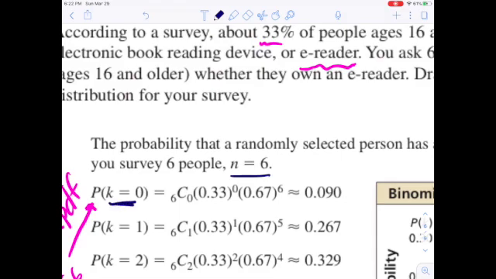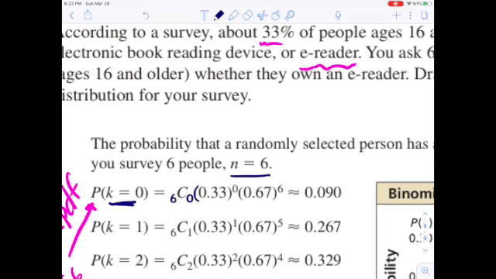the probability of people having no, so k will be the number of e-readers. If no one said they had an e-reader, that probability could be calculated. So you have 6 choices, and you're choosing 0 of them.